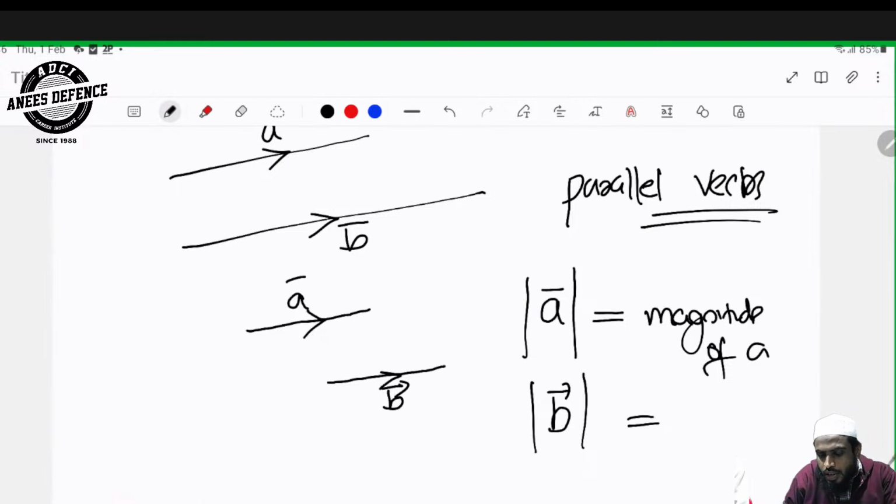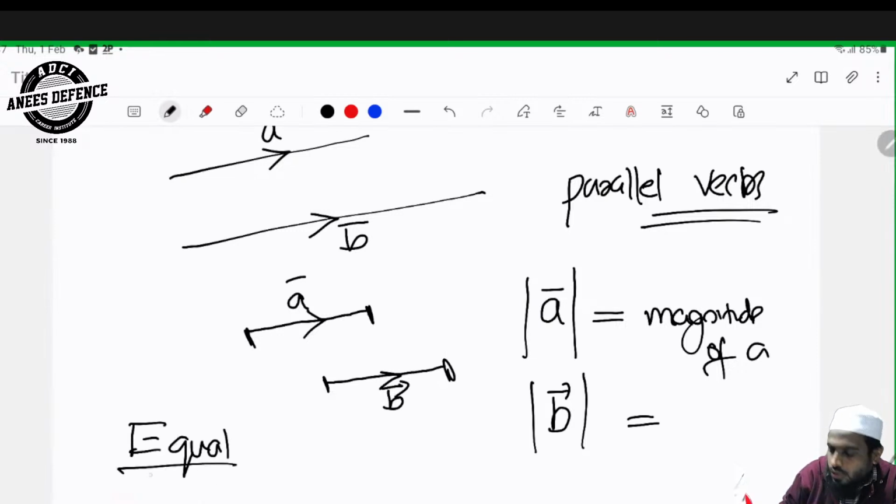So here you have two vectors a and b, both in the same direction, and the length is also the same. Magnitude of a vector means the length of this segment. Here the direction of a and b is the same and the length of a and b is the same. Then you can say that these are parallel vectors, and at the same time they are equal also. Hence the name equal vectors.